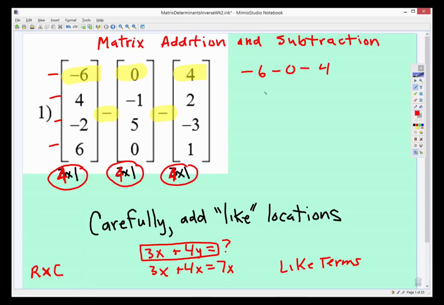We don't have to worry about the 0, so -6 subtract 4. Remember, subtracting a positive is the same thing as adding a negative. So when you add -6 to -4, you get -10. So in the answer matrix, which is also going to be a 4 by 1, in the top answer you have -10.